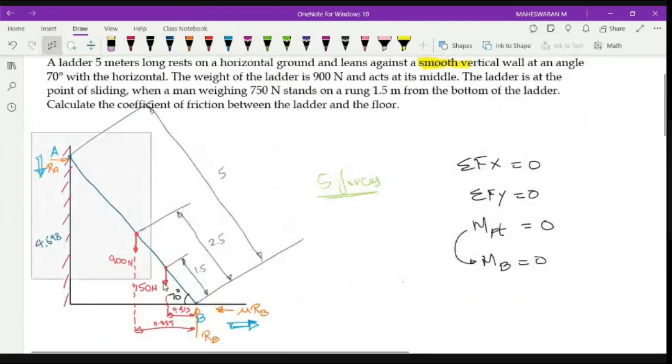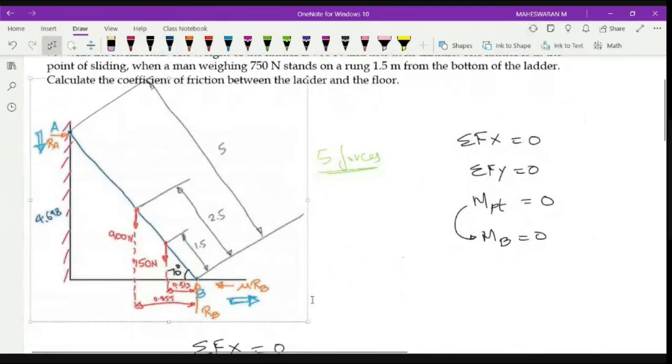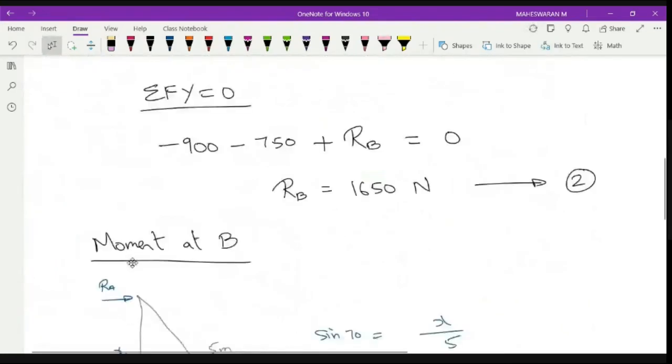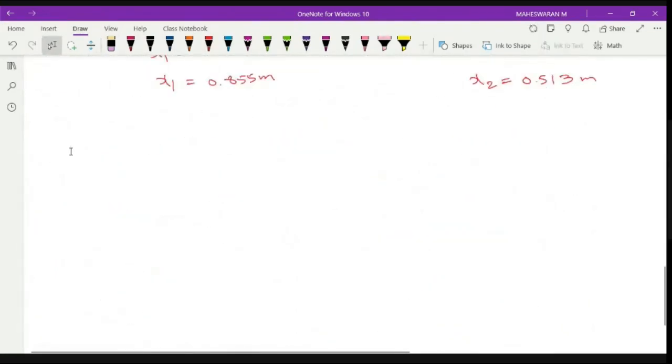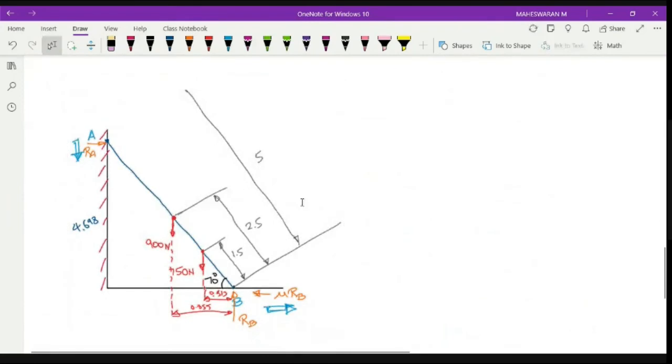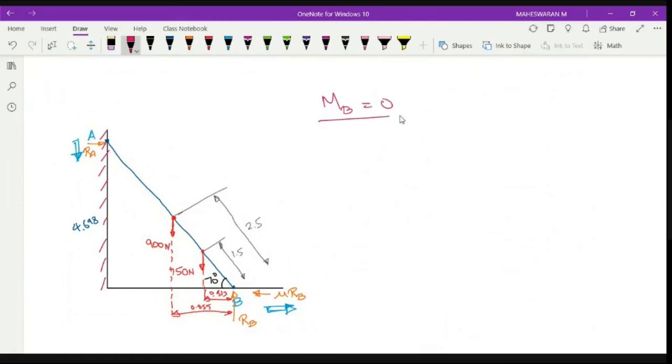So the only thing I have to do is take moment, because I identified all my perpendicular distances, right? Just I am going to take moment. For reference, I am taking this picture again and I will put it accordingly, right? So now let me take moment at B and equate it to 0.